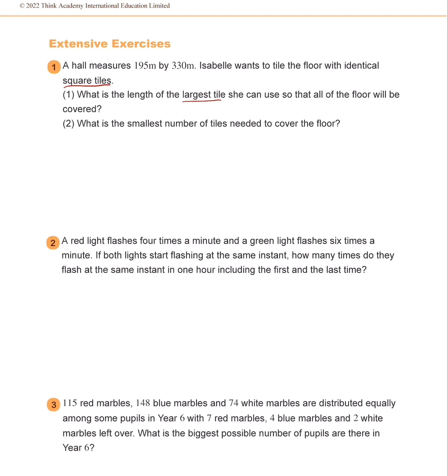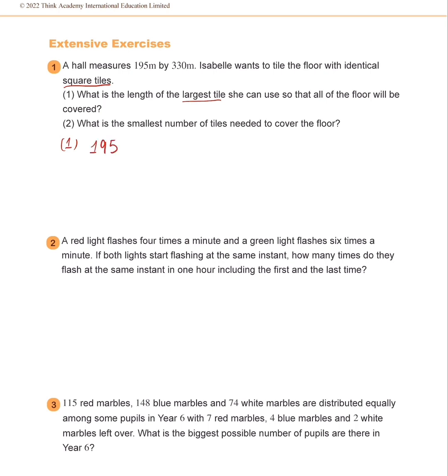That's the reason why, if I want to find the largest tile, actually I'm looking for the highest common factor of 195 and 330. Because that's going to be the largest number that goes into both of them.